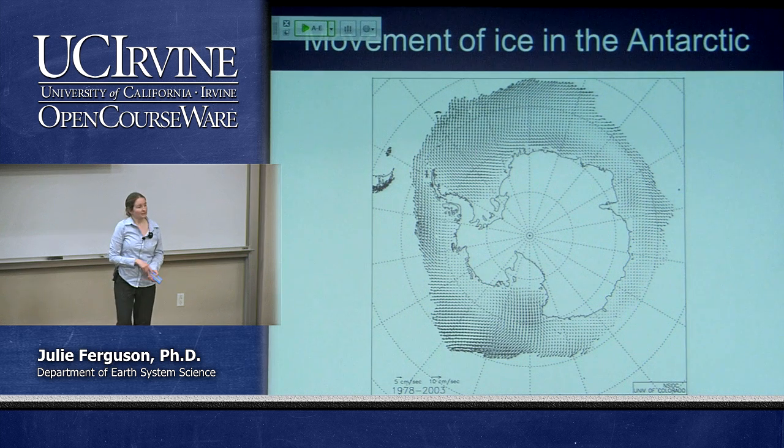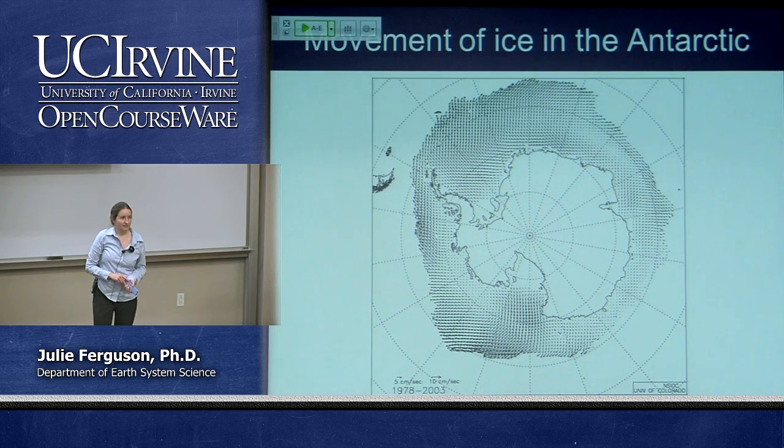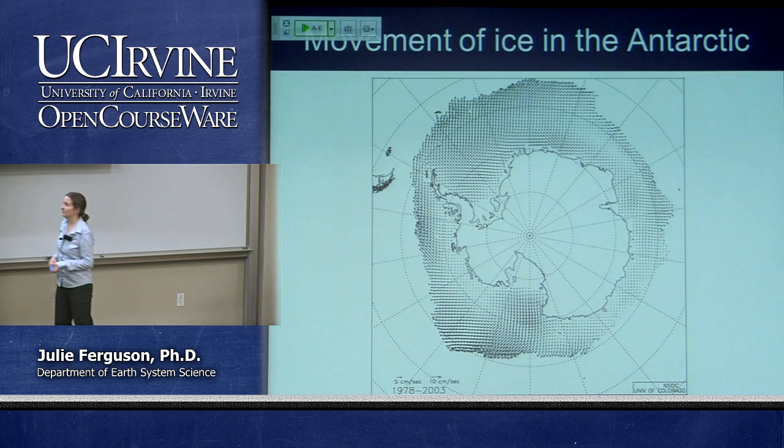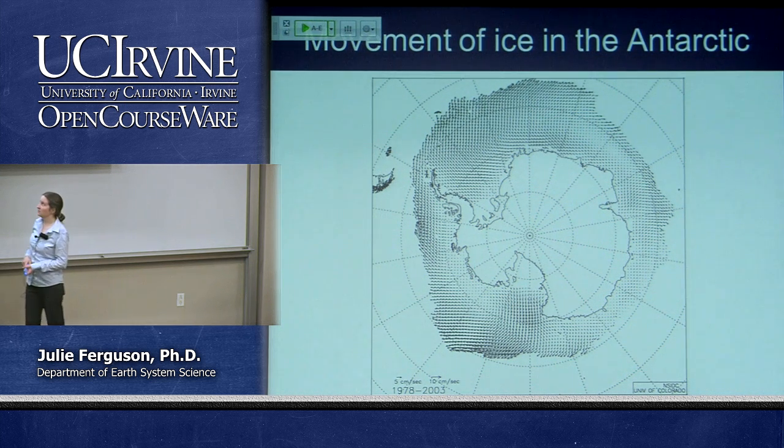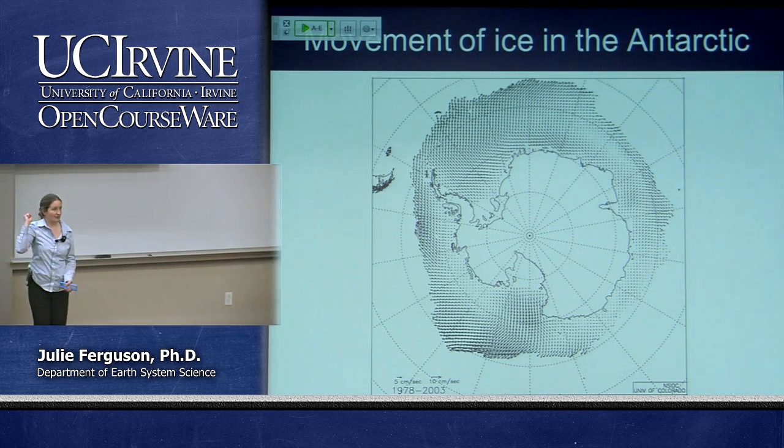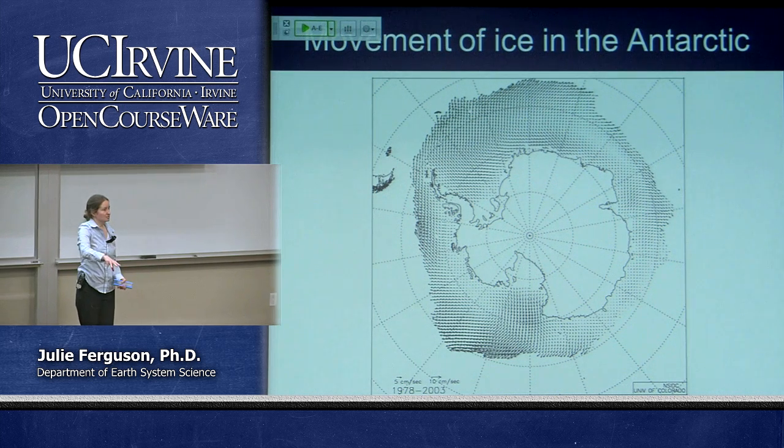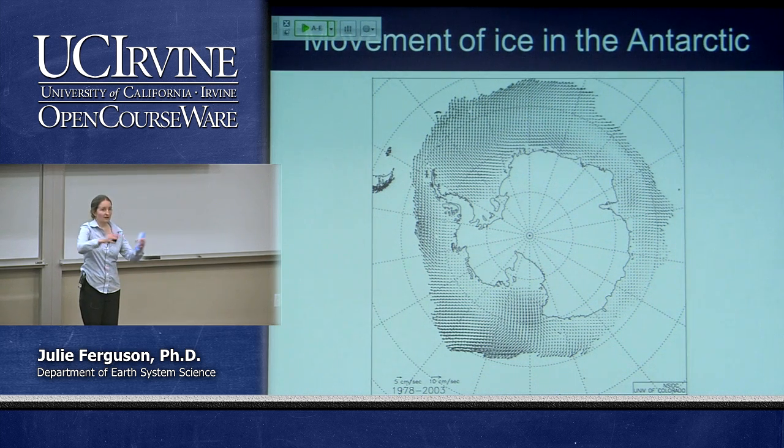Okay. This is what the currents would look like around Antarctica, and also what the winds look like around Antarctica. And so you can see we're different again. Now we have a continent splodged over our pole, and around that we have ocean. Those little arrows show the motion of the winds and the currents there as that ice would move.